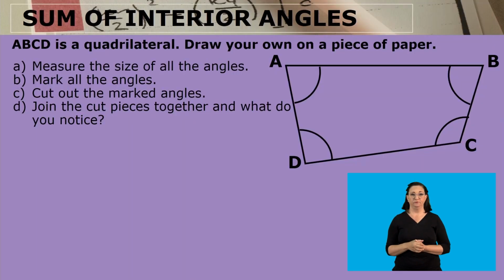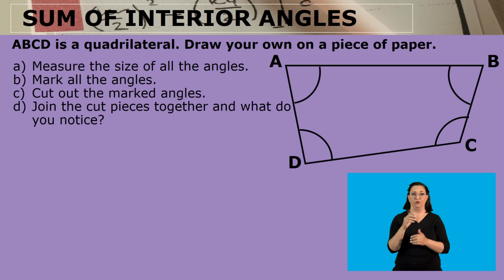However, you don't always have to rely only on the protractor, because we need to prove that these angles sum to 360. So let's use a different method. Let's say you don't have a protractor, but the task still needs to be done. Let's look at the sum. The next question: ABCD is a quadrilateral.